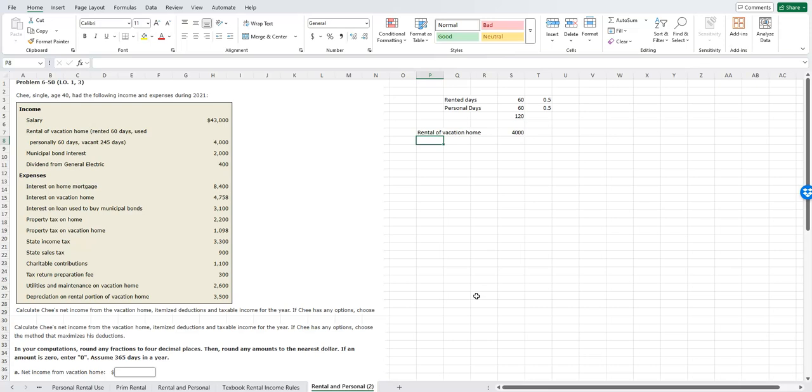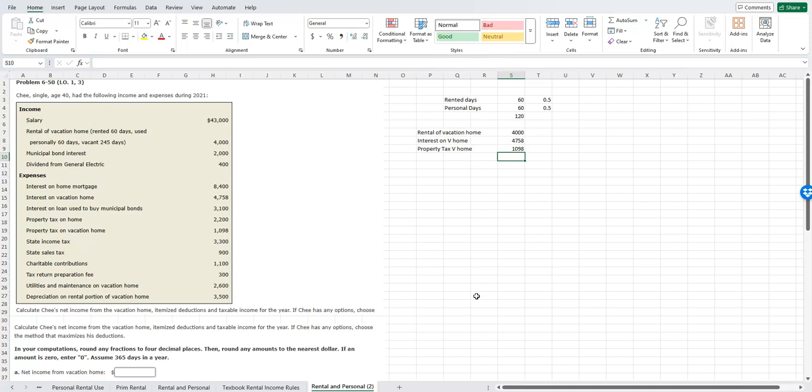Okay, and then we've got some municipal bond interest that'll be used later, dividend that'll be used later. I'm just looking for the expenses related to this vacation home. So interest on vacation home. The interest on the vacation home is $47.58. And then we have property tax on vacation home, $1,098.